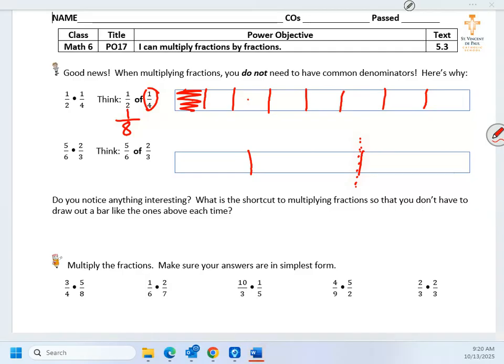So we need to break it into 6 pieces. So now we have 1, 2, 3, 4, 5, 6. And we want 5 of those pieces. So we break this into those. So we can see that we have 1, 2, 3, 4, 5.